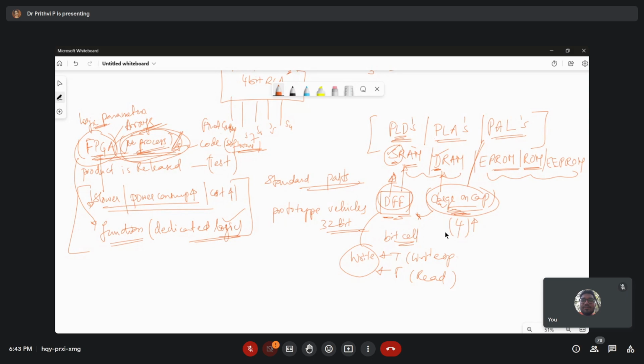Whenever we need to put the memory cells, we won't put them in a single line. 32 means 2 power 32 combinations of arrays or nodes. If you put it in a single line, it will be very lengthy.